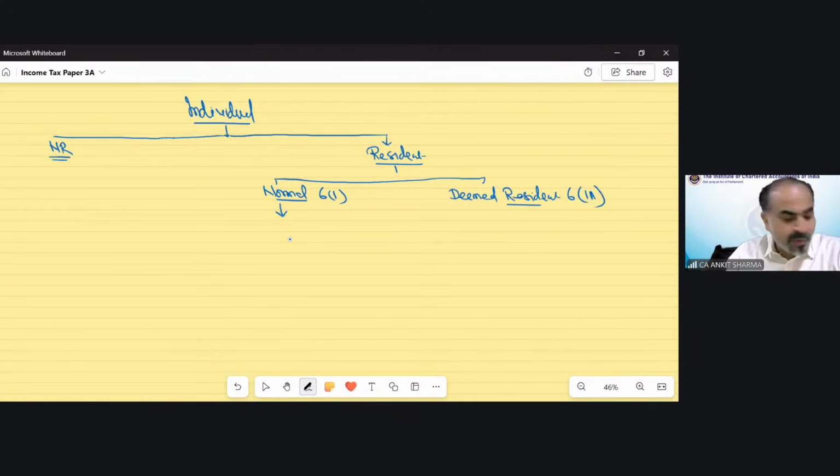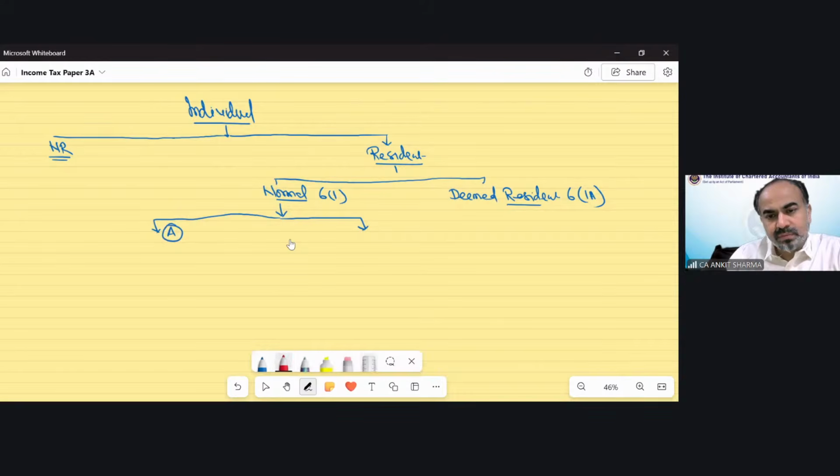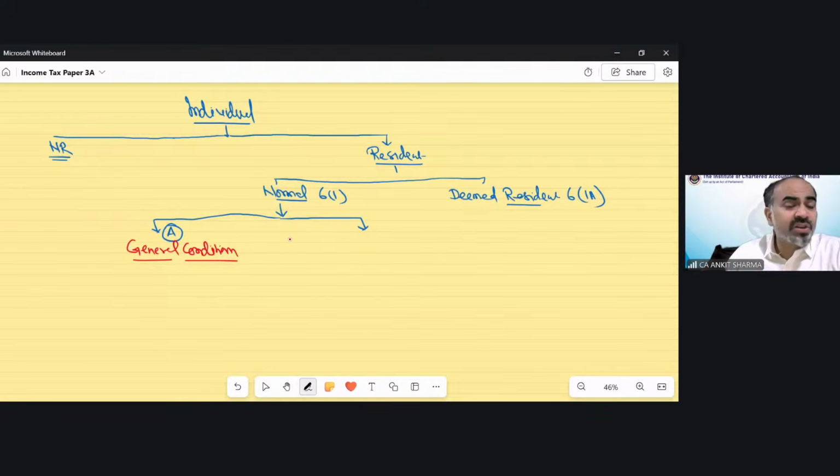To become a normal resident, there are two categories of conditions. These are general conditions, so if you fall in these general conditions and fulfill them, you will be a resident in India.